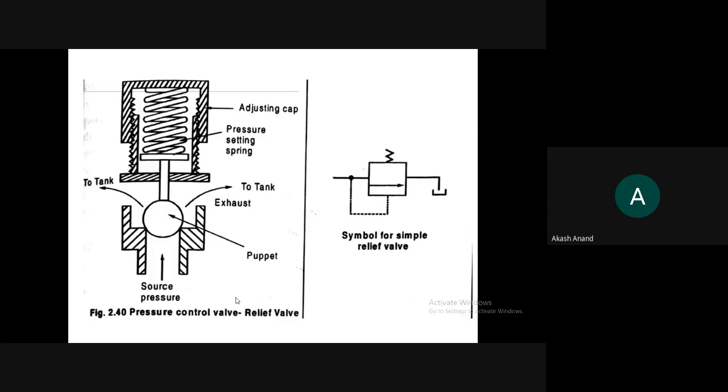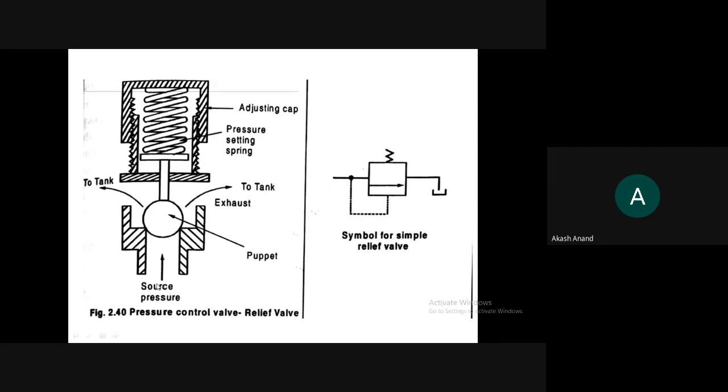The pressure from the source comes inside this control valve, and when it reaches a certain threshold pressure, the poppet moves. This allows the flow through the outlet to the tank.